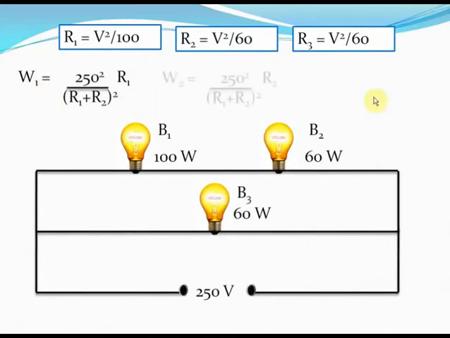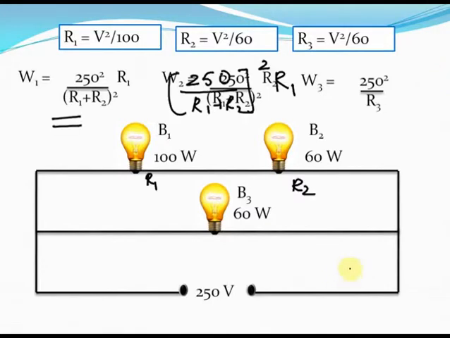Similarly, the value of W2, the power consumed by the bulb B2, will be this expression. As you can see, the current passing through the bulb B2 will be the same as the current passing through the bulb B1. That is 250 divided by R1 plus R2. We can similarly calculate the power consumed by the bulb B3. The power consumed by the bulb B3 will clearly be 250 square divided by R3.